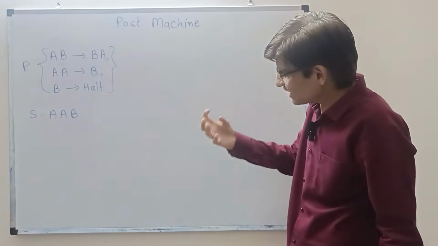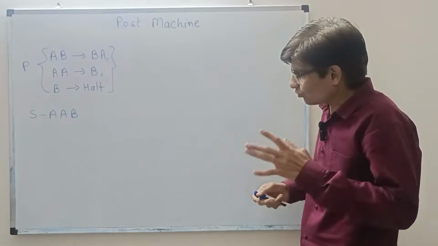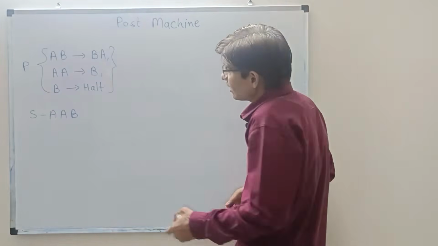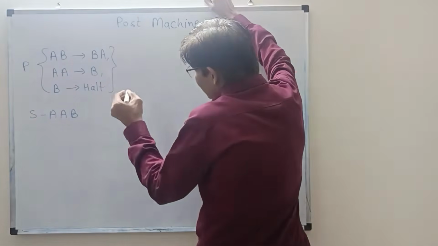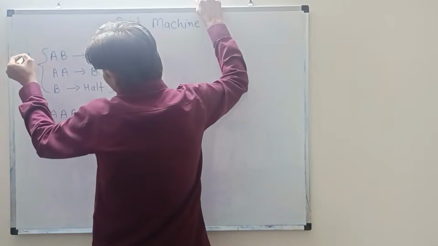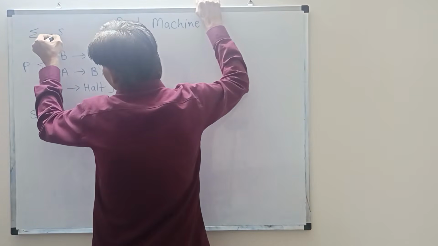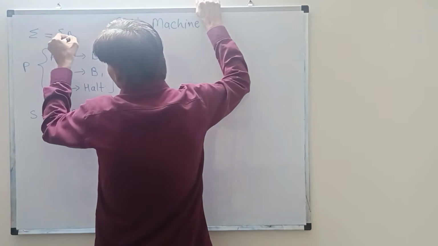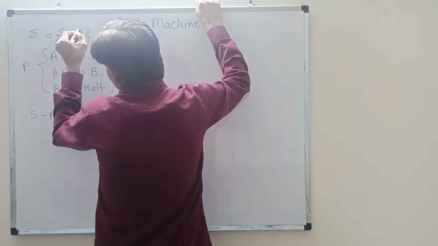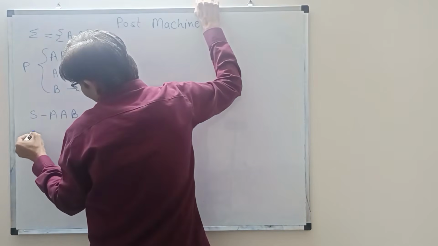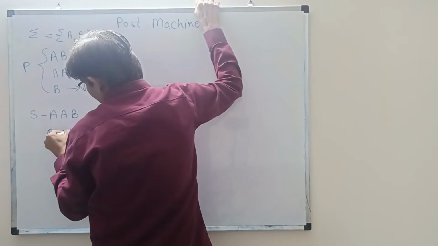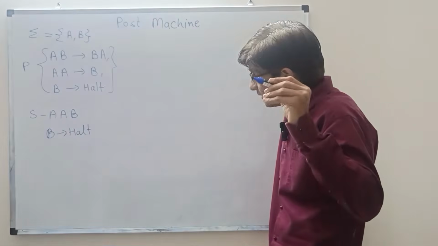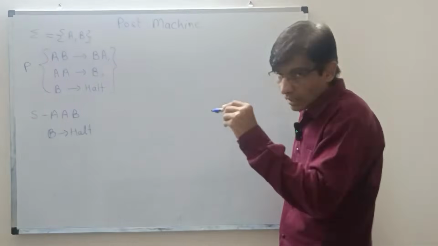So how it works, that I will tell you. Now, this is P, this is S. I am writing here two more tuples of post machine, as A comma B, and the halt condition is B gives halt. Now I will show you how it works.